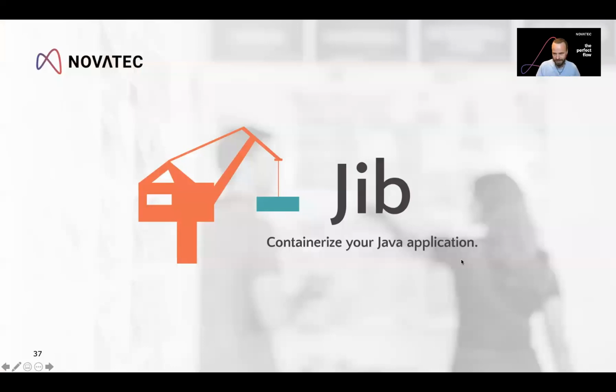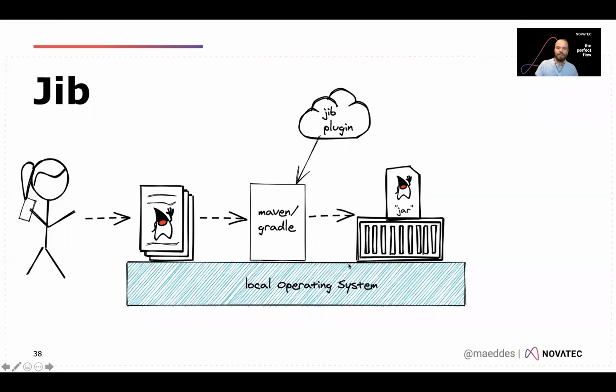Jib, as the name implies, is focused on Java applications. This is, of course, a strong limitation as opposed to Dockerfiles, where you can do everything in all kinds of languages and frameworks. Jib is limited to Java, but it brings along some interesting aspects.